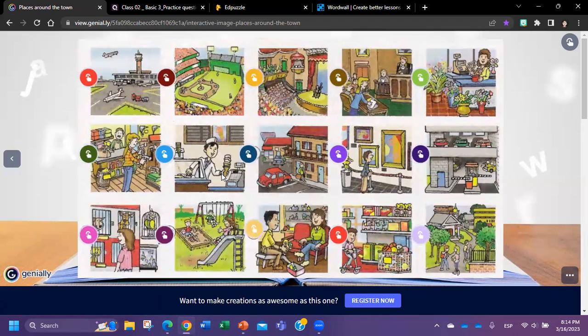Nevería, Sarita. Ice cream shop. Okay. So we can say that this is an ice cream shop. Perfect. What about the next one? This is not a hotel, but it is similar. So what would it be?